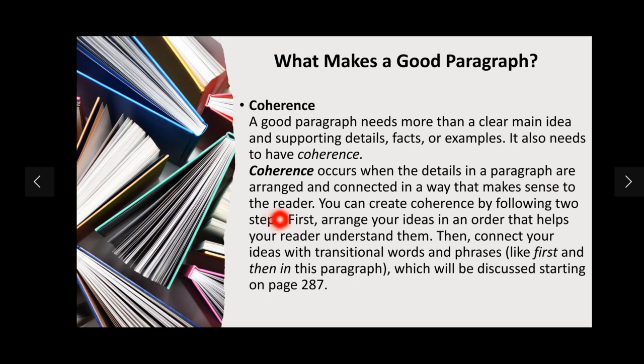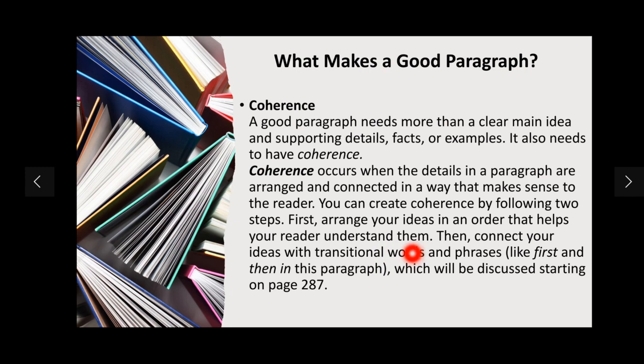So what is coherence? What is the function of coherence? Coherence arranges and connects sentences in a way that makes sense to the reader. You can create coherence by following two steps. First, arrange your ideas in an order that helps your reader understand them. So you have to arrange your ideas in order.